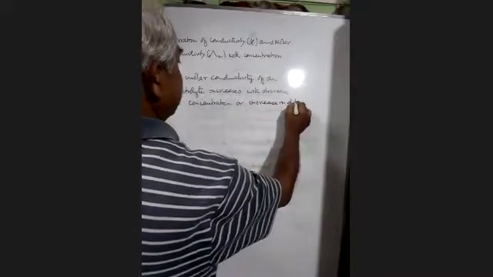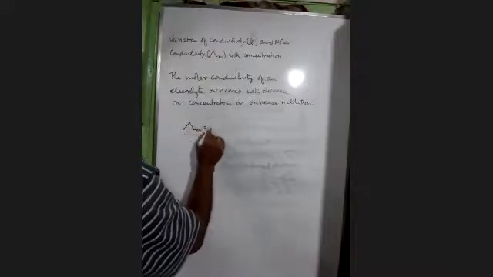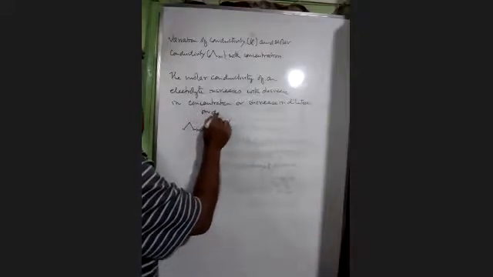Don't write yet, first try to understand. You know why? Molar conductivity is a product of conductivity and volume. When you pour water, what happens on dilution?